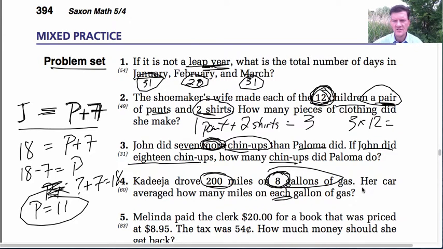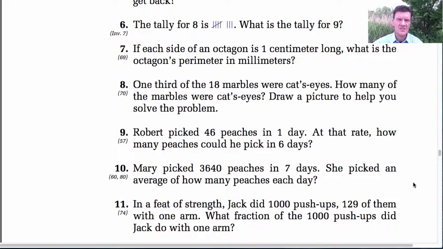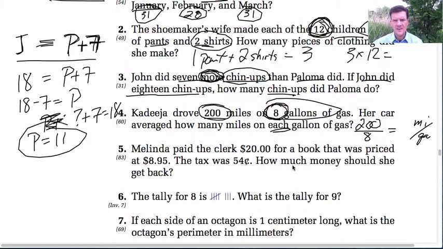So you're going to take your 200 and divide by 8. When you do that correctly, you're going to be finding the number of miles per gallon. Please pay attention to units. Units are very, very important. So when you divide here, you are finding the number of miles per gallon for 1 gallon.